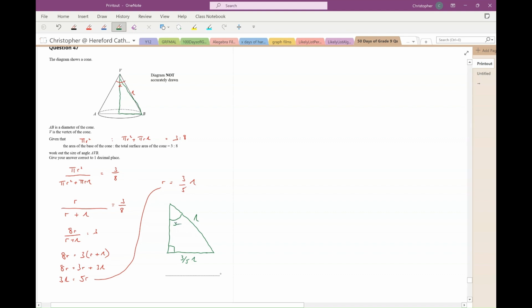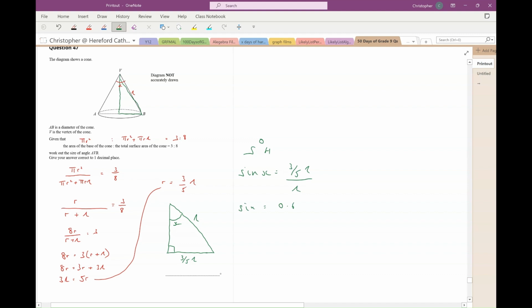So let's have a look. It's going to be sine. Sine of x is the opposite, 3/5 l, over the hypotenuse l. So sine of x is just 0.6, 3/5.